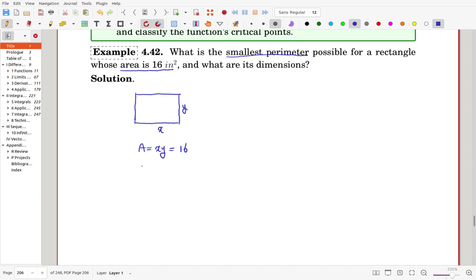Now what is perimeter? The perimeter is same as 2x plus 2y. Right? We have to minimize this quantity. Okay. And here, but we have to express the quantity as a function of a single variable.